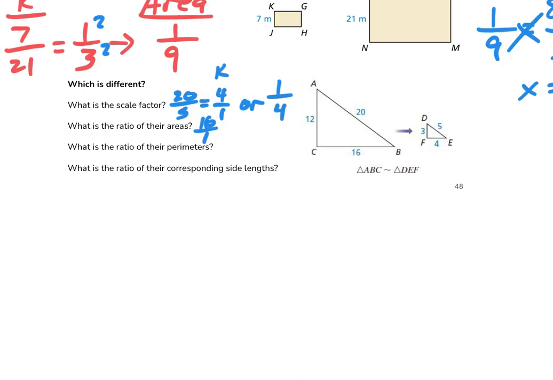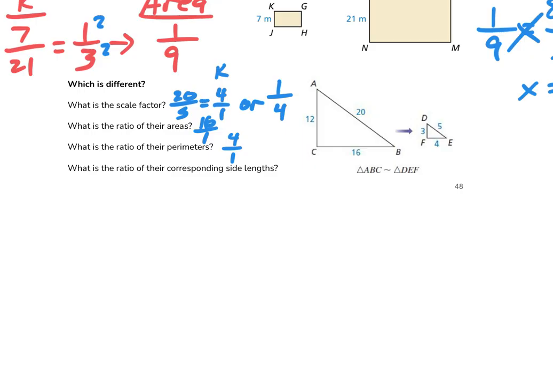The ratio of the perimeters. Okay? We're not asking to find the perimeter. We're asking to find the ratio of the perimeters. The ratio of the perimeters is the same as the ratio of the sides. So it's also going to be 4 to 1. The perimeters are going to be 4 times bigger.